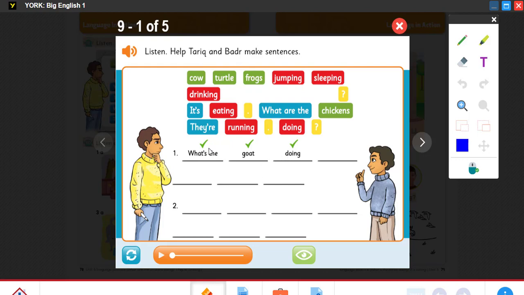And is it a question or a sentence? Yes, correct. It's a question. And the answer will be: it's eating. Yes, correct. And is it a sentence or a question? Yes, correct, it's a sentence.